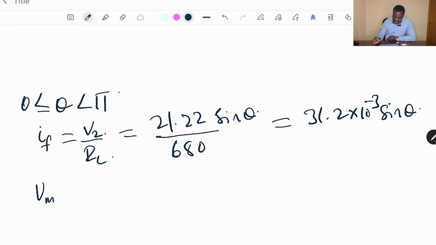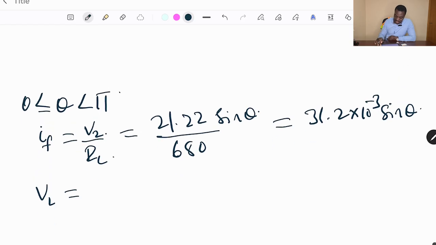In that case, we're interested in the peak load voltage, right? So this is our peak load current. To get the peak load voltage, we calculate the voltage across the load resistor, which is the instantaneous current times the resistance.